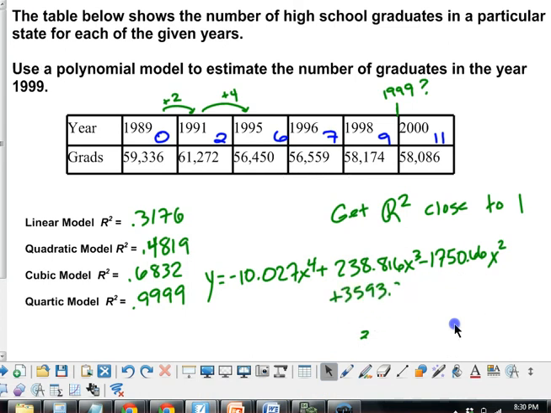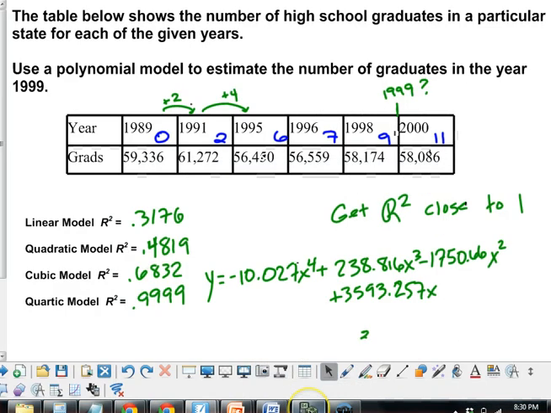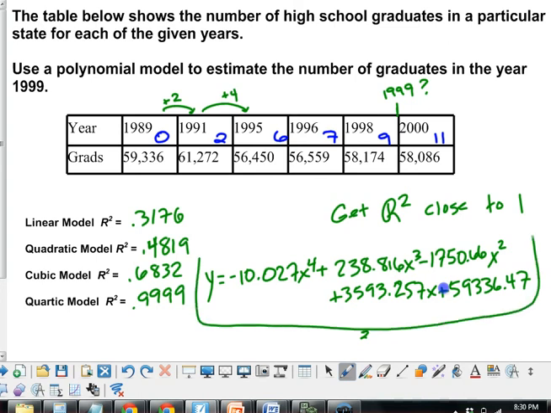Okay, let's see how this is going to work. All right, 257x. And then we look at the last value, which is our constant term, plus 59336.47. Okay, so this long thing is our quartic equation.